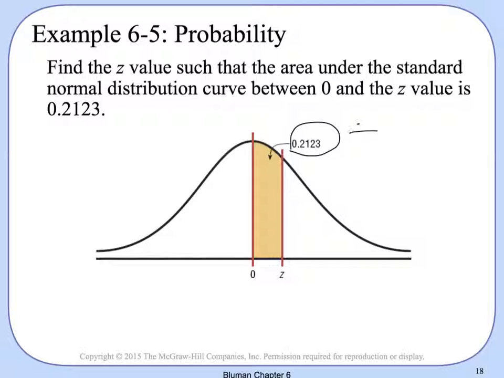This is the answer, right? So you're going to sit there and guess and check until you get the number that works. I could be mean. I could say, I'll just sit here and wait till you guys find the number. Start typing it in. Norm CDF, 0, comma, pick a number, and comma, 0, comma, 1, till you get that number.